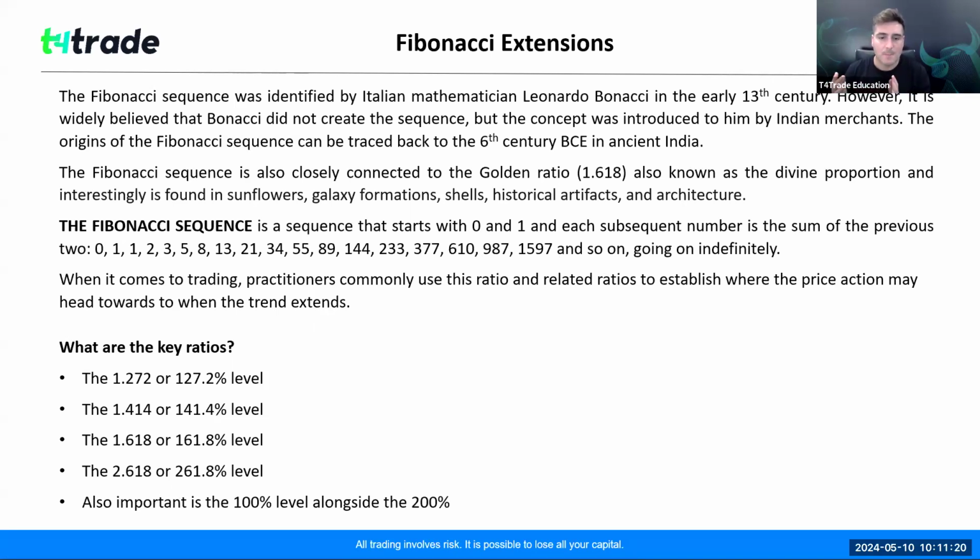So as traders or technical analysts, they came up with the idea of using the Fibonacci ratios, and in this case, the Fibonacci extension, as a tool in order to extend the current price action into the future, attempting to guess or map out with these parameters where the price action may head towards in the future.